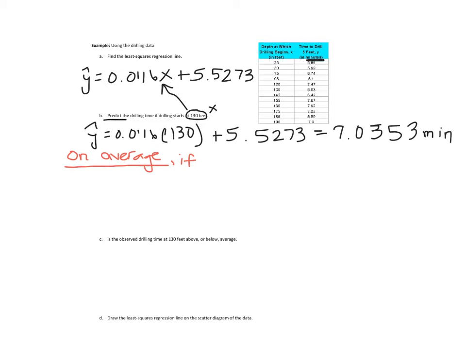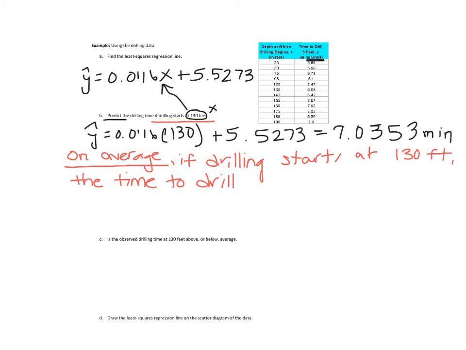If the drilling starts at 130 feet, and now I'm going to state our variable, the time to drill 5 feet will be 7.0353 minutes.